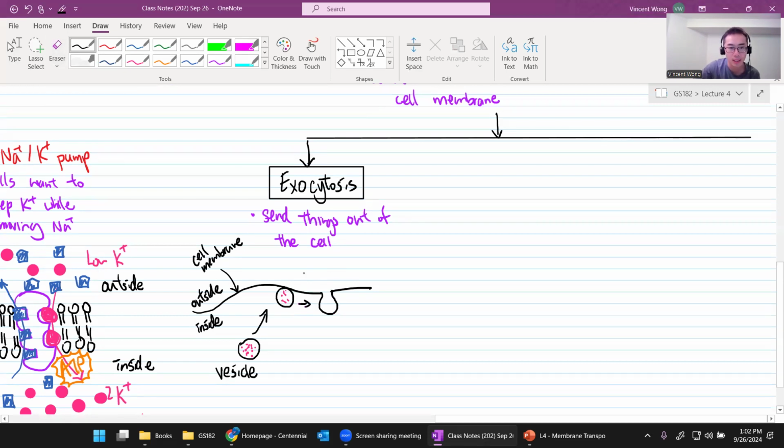I'm just showing you in still pictures what happens one step after the other. Eventually it will be completely fused with the membrane while releasing all of these things into the surrounding. So the vesicle goes and then opens up, sending the stuff out. This is called exocytosis.